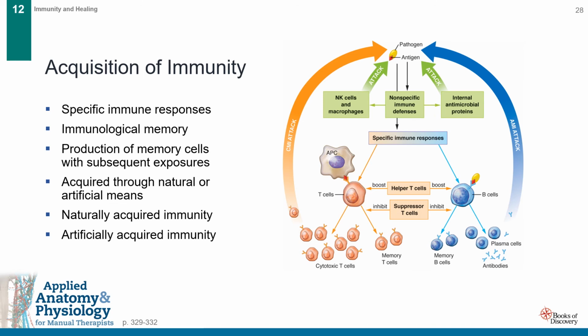Artificially acquired immunity is resistance developed through immunizations. Like natural immunity, it may be actively or passively acquired. Artificially acquired immunity is achieved through vaccinations. Often, these injections introduce either a weakened or dead pathogen into the body.